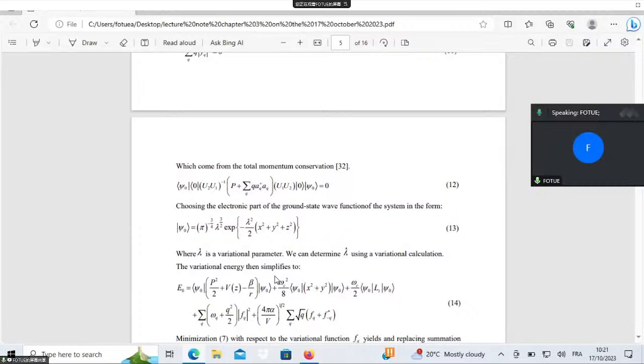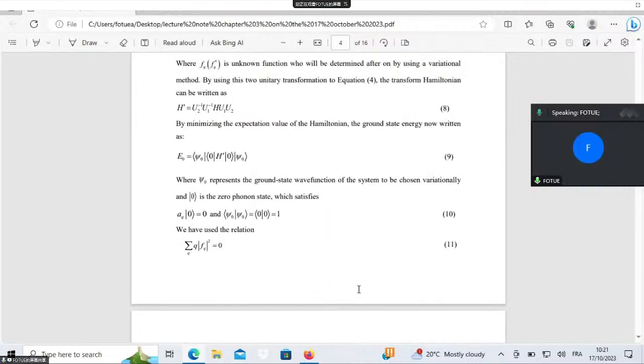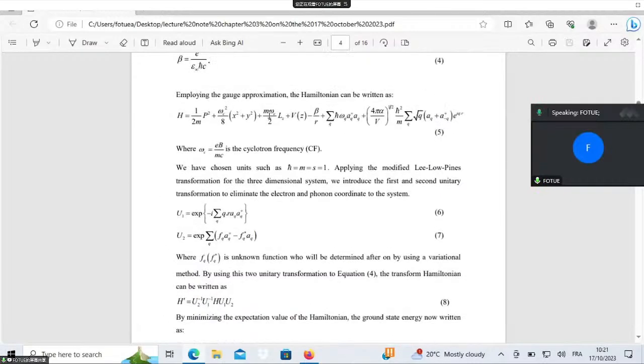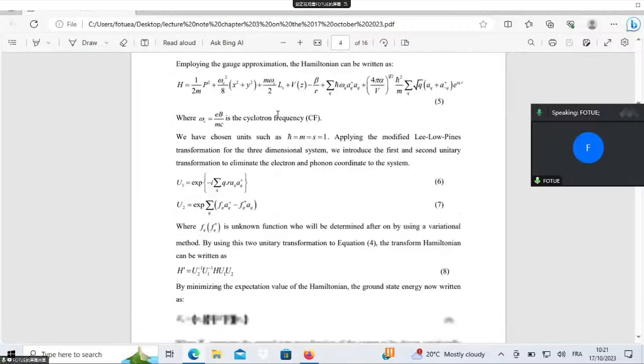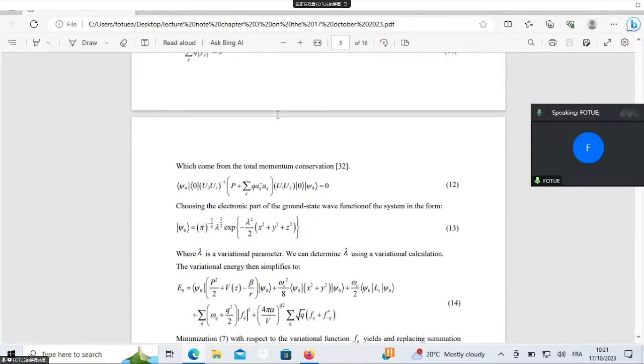We see that after applying the first and second unitary transformations, we still have x squared plus y squared with this electronic part of the electron wave function. We still have this part with LZ, and we see that this part of LZ is still there.